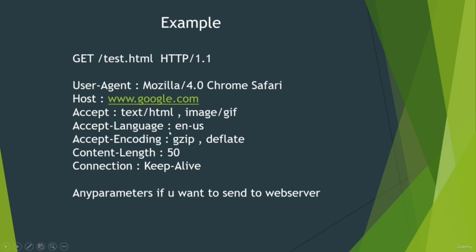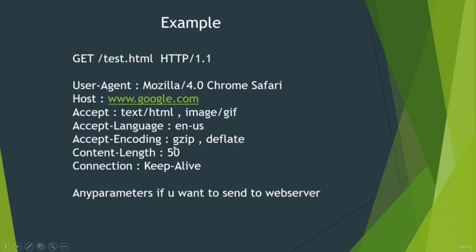And Accept-Language: I want to get this test.html in the English language. You can see en-US stands for United States English. I mean the content of test.html should be in English. You can also mention any other language if that is available, or you can just Google translate it.